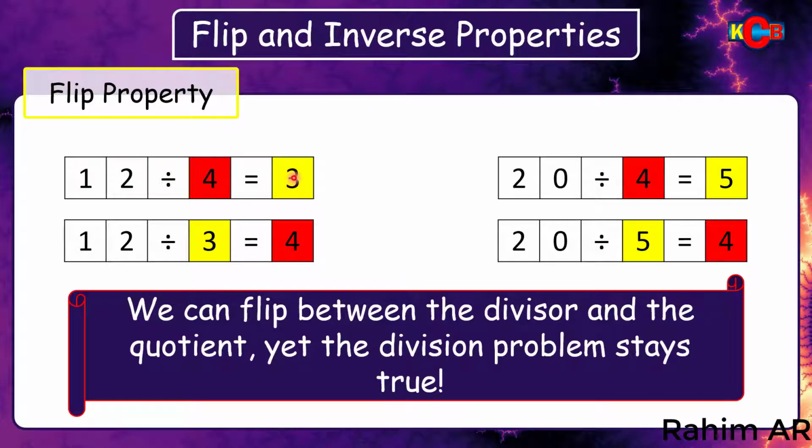Then if we flip the place between the divisor and the quotient, the division problem stays true. So this is the correct answer. 12 divided by 3 equals 4. And 12 divided by 4 equals 3, also the correct answer.